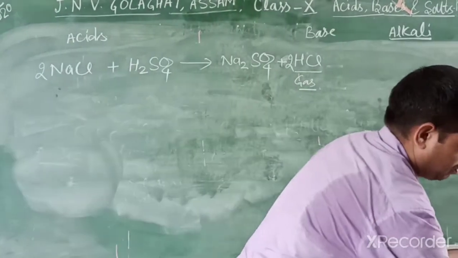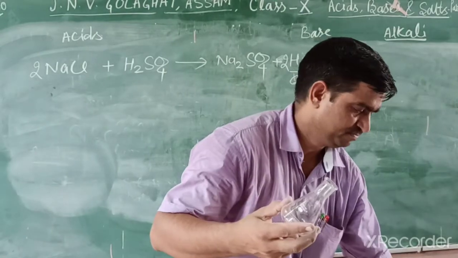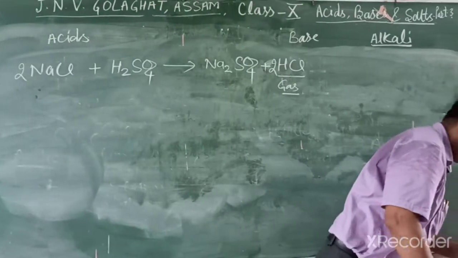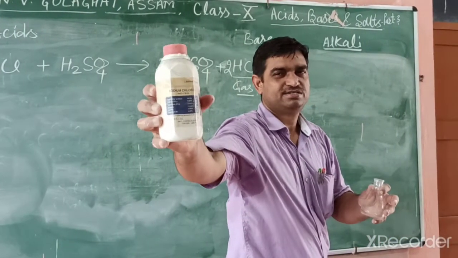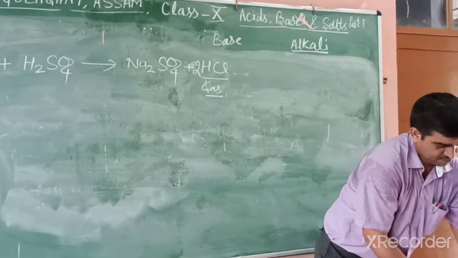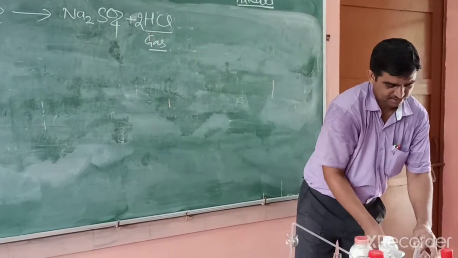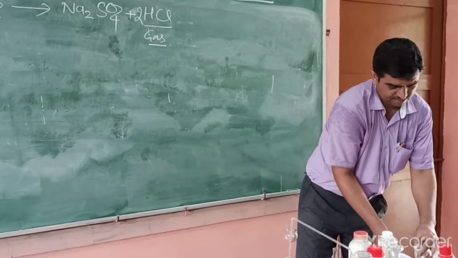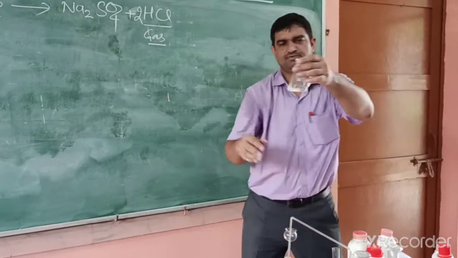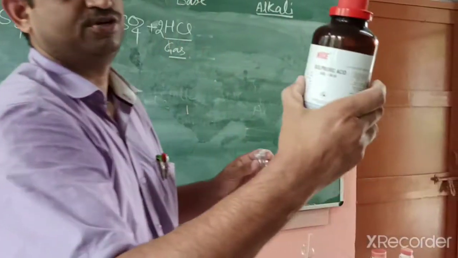So we perform an experiment. In a conical flask, we take some sodium chloride, means salt, and place it in the conical flask. Then we take sulfuric acid.